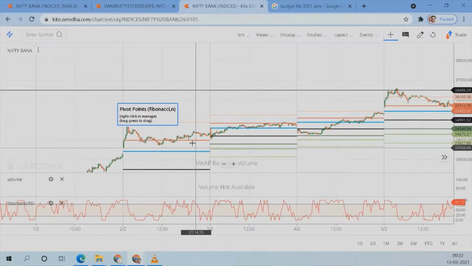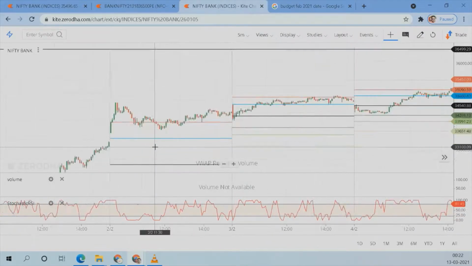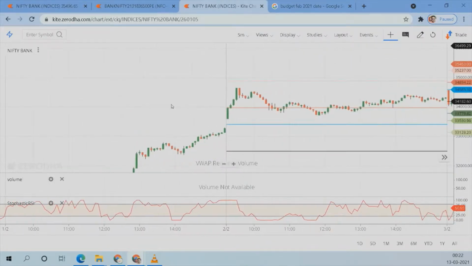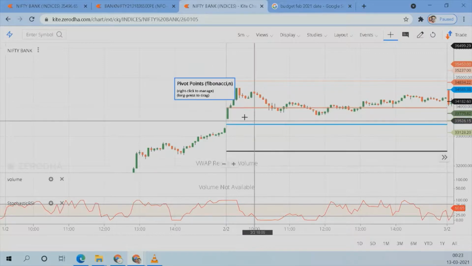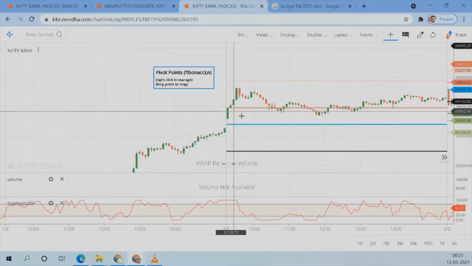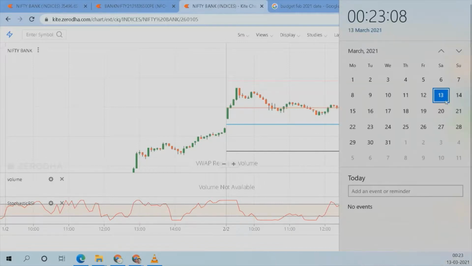It never came back, it kept on increasing. Because I do not have the options chart with me right now, the high was around 33,965. Let's assume you have taken 34,000 CE on 2nd of February, because you are having a positional trade.